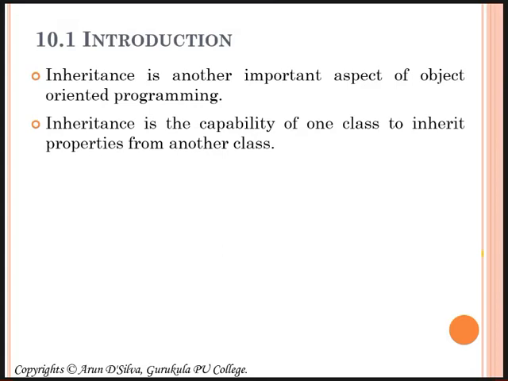In a normal structured programming language, it is not possible. In one structure, if some properties are there, when you go for a new structure in the same program, accessing those properties is not possible. But in C++, especially in an object-oriented programming language, it's possible.